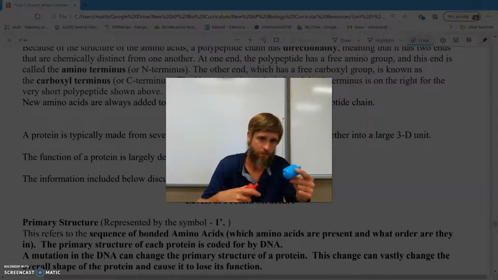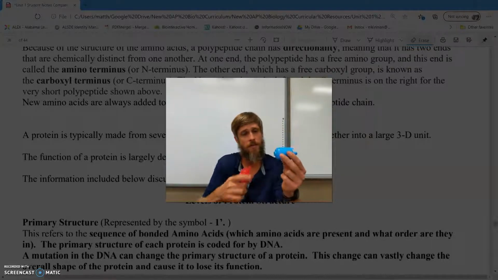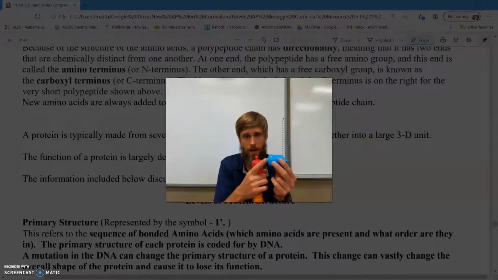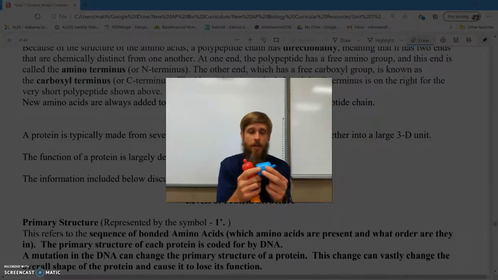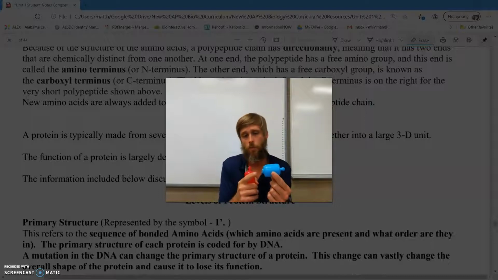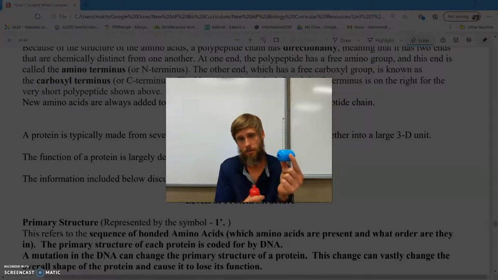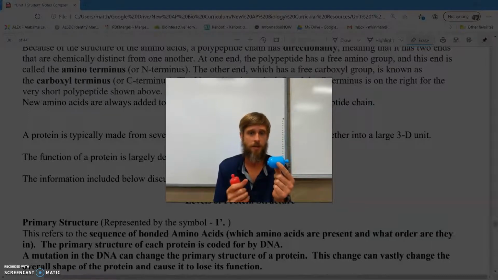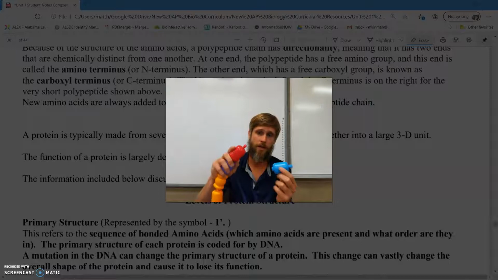An amino acid. All right, one end of the amino acid can accept hydrogen, and the other end donates hydrogen. They're very simple, but such a great visual. All right, so what end accepts hydrogen? COOH, the carboxyl end, or the C-terminus. And so then this end would be what?